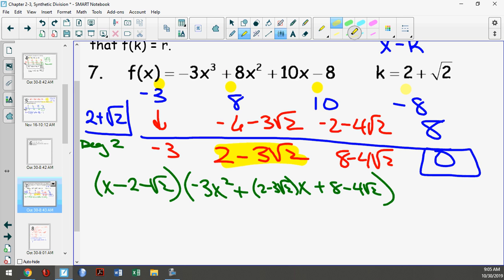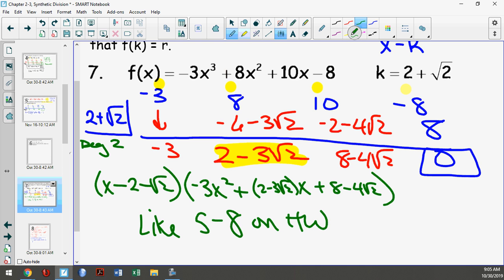That is how you're going to do problems 5 through 8, like 5 through 8 on the homework. It doesn't matter, but you absolutely can if you want to.